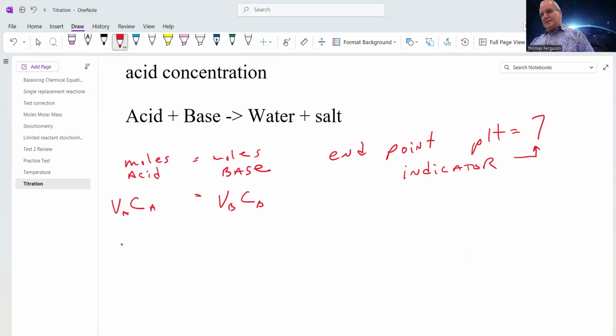In lab 16, the concentration of the vitamin C is not known. So the goal in lab 15 is to determine the concentration of the sodium hydroxide. Okay, four variables: you need to know three of the variables, and calculate the fourth. Normally, we're calculating the concentration of the acid.